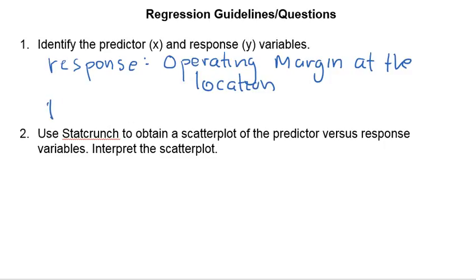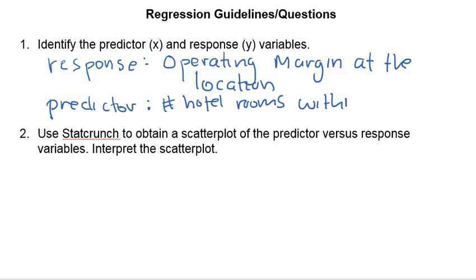And the predictor, which is what we're trying to predict with, what we're trying to use to predict operating margin, is the number of hotel rooms within 3 miles of the location. That would be, in my mind, a measure of the competition, if you will.